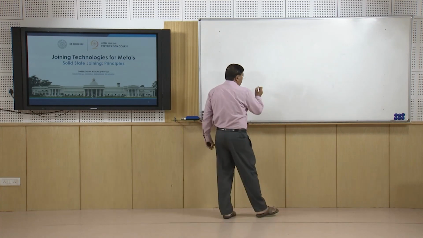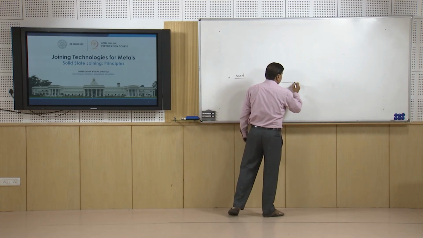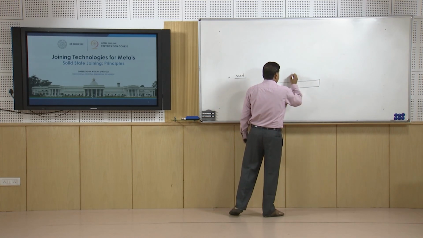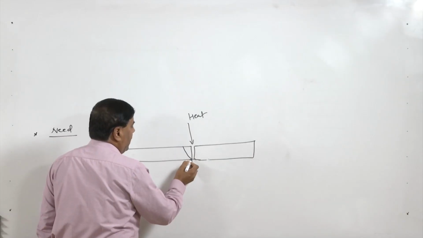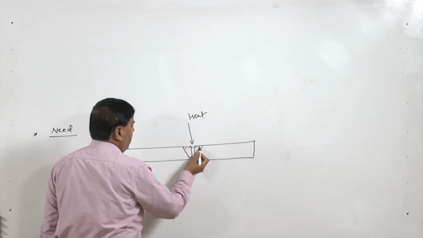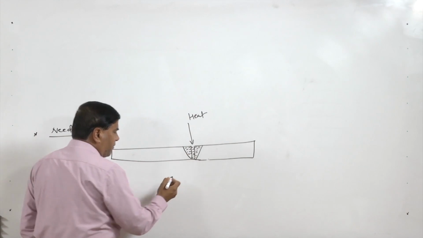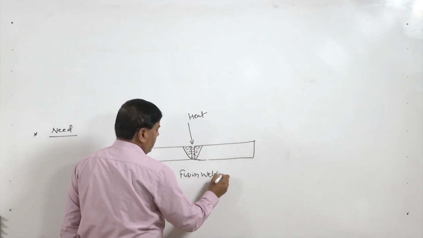We know that in conventional joining processes like fusion welding, a lot of heat is required to be supplied so that the fusion of the faying surfaces can take place, and then a metallurgical joint can be developed for having a weld joint between the two. So, this is the most conventional, like say the fusion welding approach.